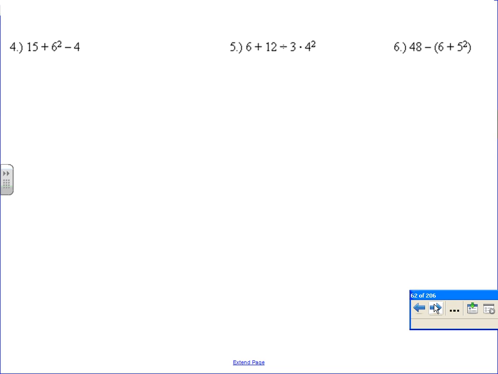Okay, on page 9, I want you guys to do numbers 4, 5, and 6, and circle your answer when you're done. And then I want to do some of the harder ones with you. So following GEMDAS, I'm going to walk around and check mark your work. Try 4, 5, and 6, show your work.